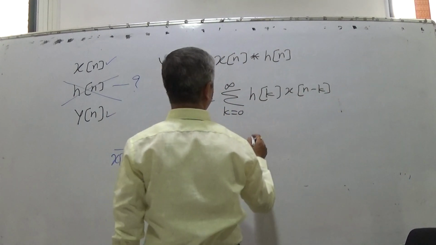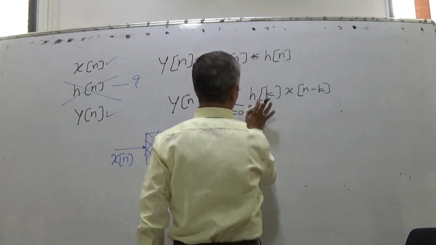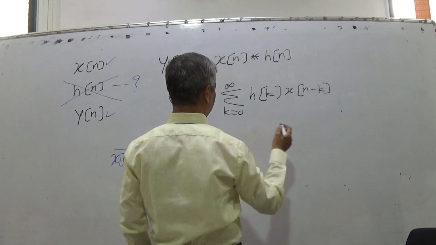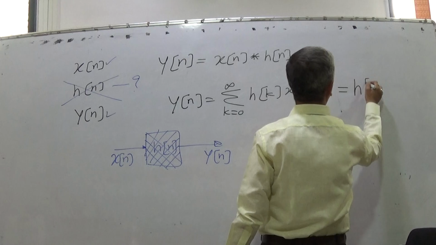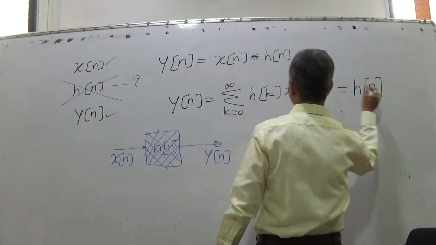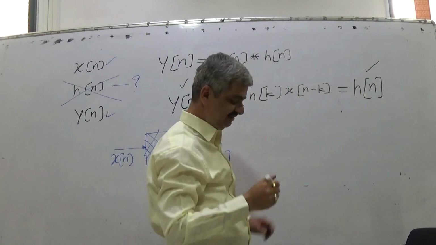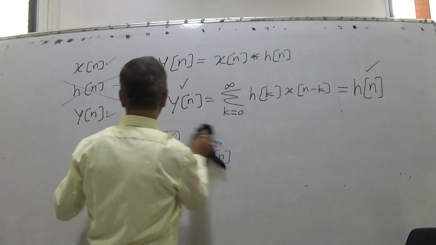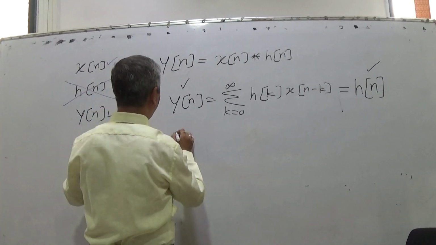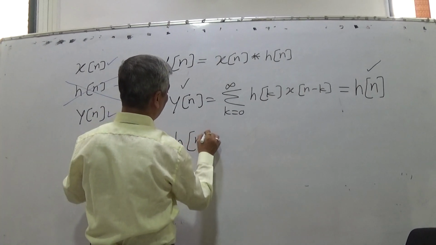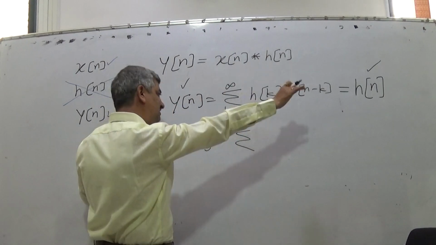So yn is this. Now for what input would yn be hn itself? Is it right? So you can alternatively find out: yn should be hn itself.